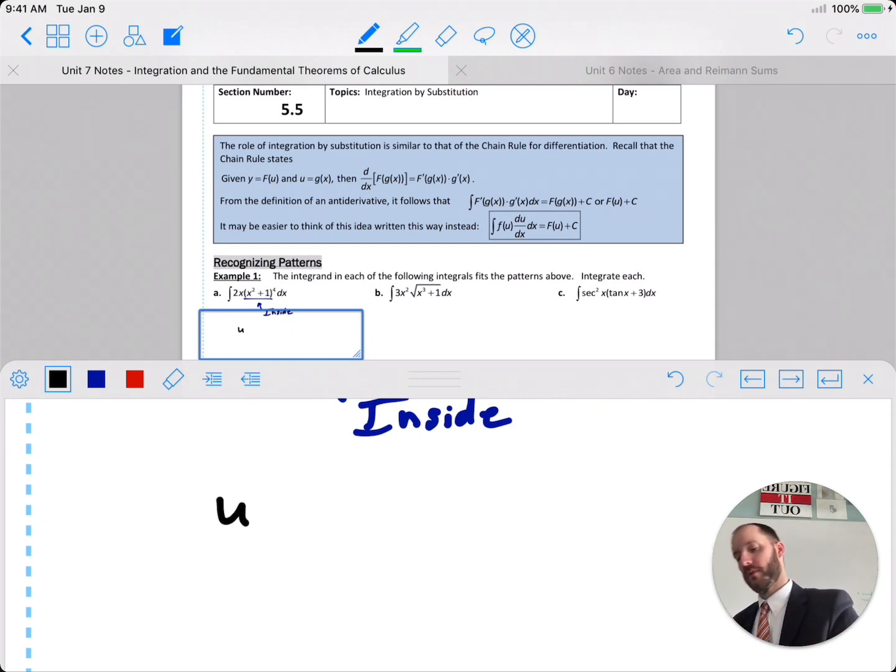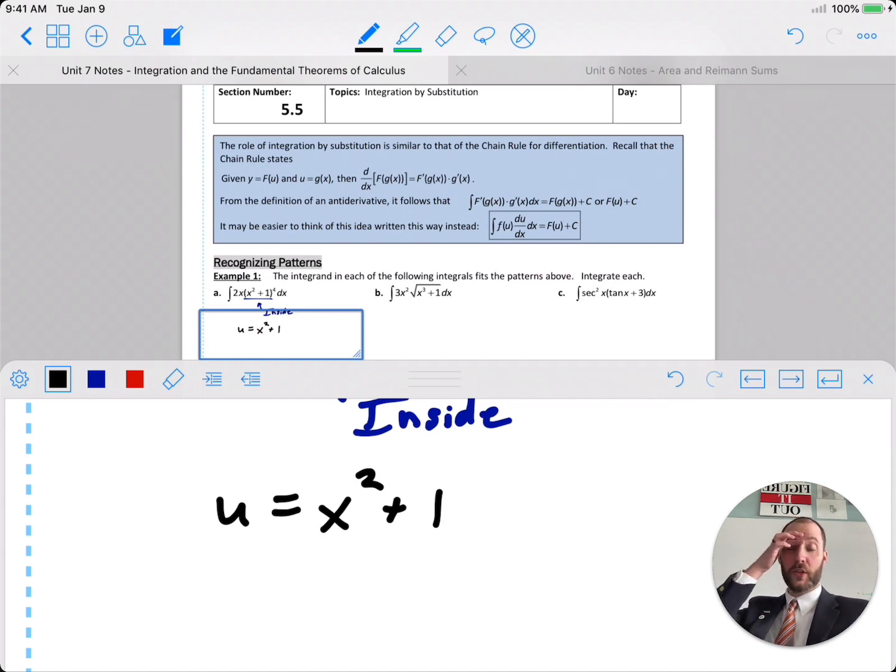So u equals x squared plus 1. When you take the derivative of x squared, you get an x to the first. It doesn't have to be an exact match, but this is some form.